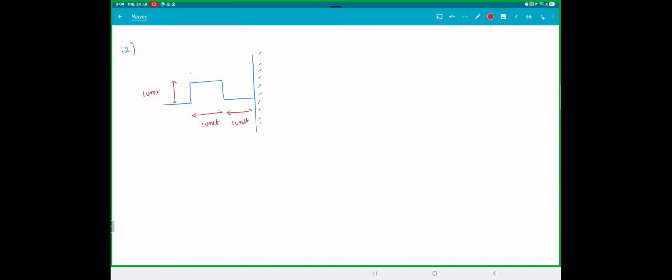This is 1 unit. This is also traveling with 1 unit per second. And this is a fixed end. This is a hypothetical wave. This is the scenario at t equal to 0. So the pulse is going, hitting the wall and coming back. Draw the shape of the pulse at t equal to 1.25, 1.5, and 1.75 seconds.